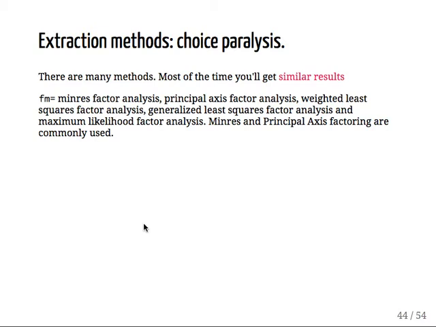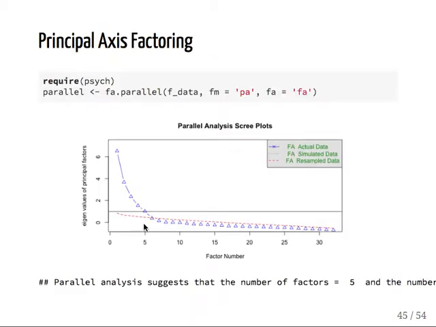If your supervisor has a very specific reason why he wants to do GLS or maximum likelihood, you can do so. Yeah. So they make different assumptions. They have different solutions, but most of the time you're going to be fine because you'll get similar results. But I would stick with min-res or principal axis factoring because they're the most commonly used in literature.